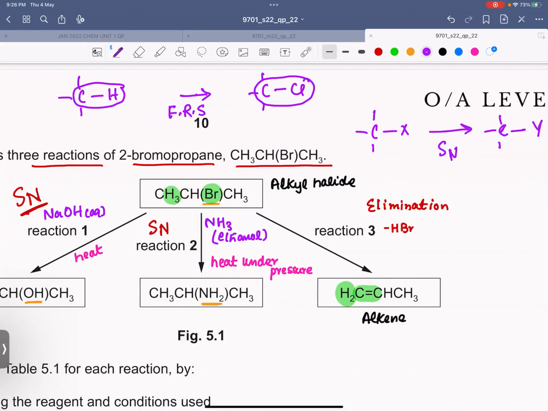Yes. And if you recall, the reagent for this reaction, we use sodium hydroxide in ethanol, or ethanolic sodium hydroxide, must be used for this reaction. Okay, and besides this, we have to heat the reaction mixture.